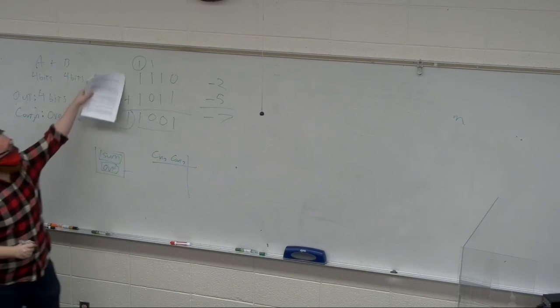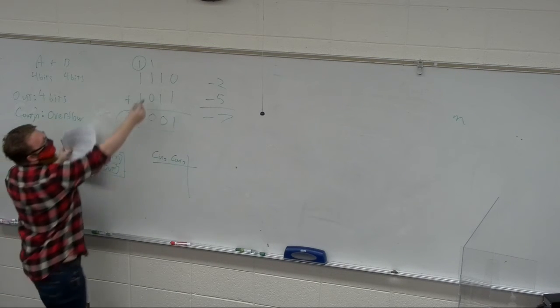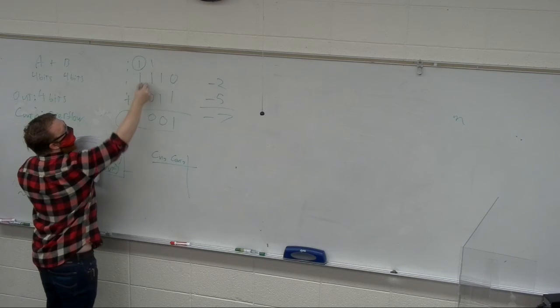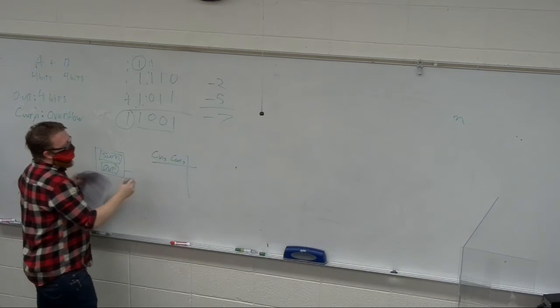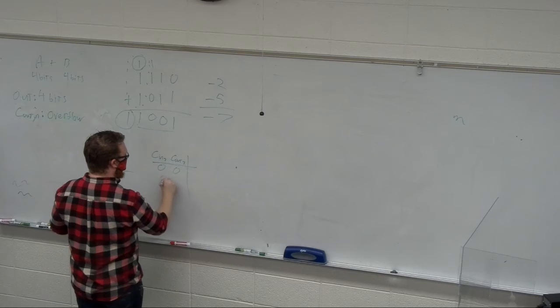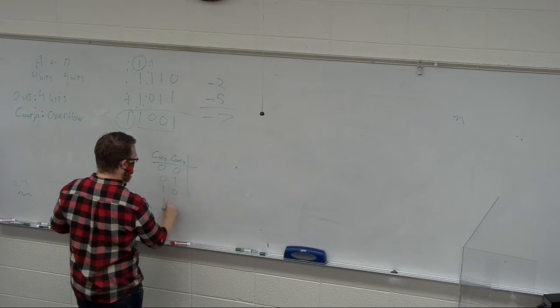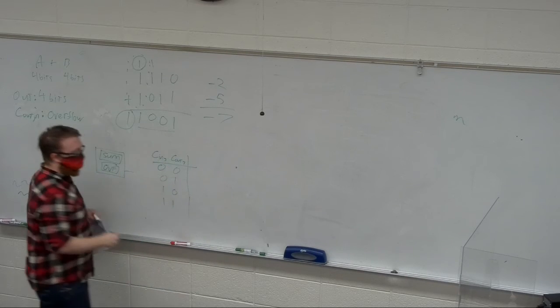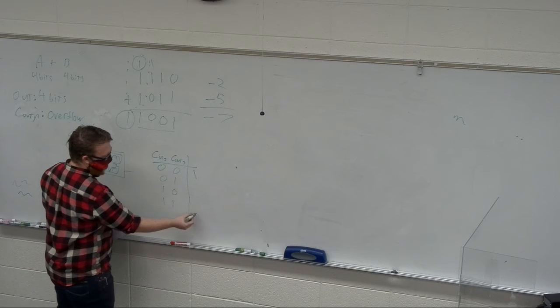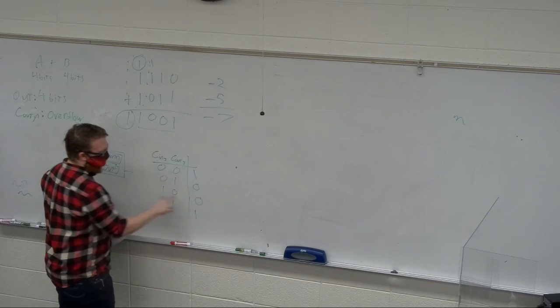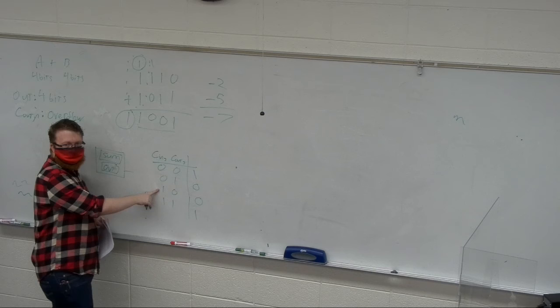That's the only two things that I'm comparing: the carry in to this adder and the carry out of that full adder. And then the logic, well, I want them to match. If they don't match, I have a problem.